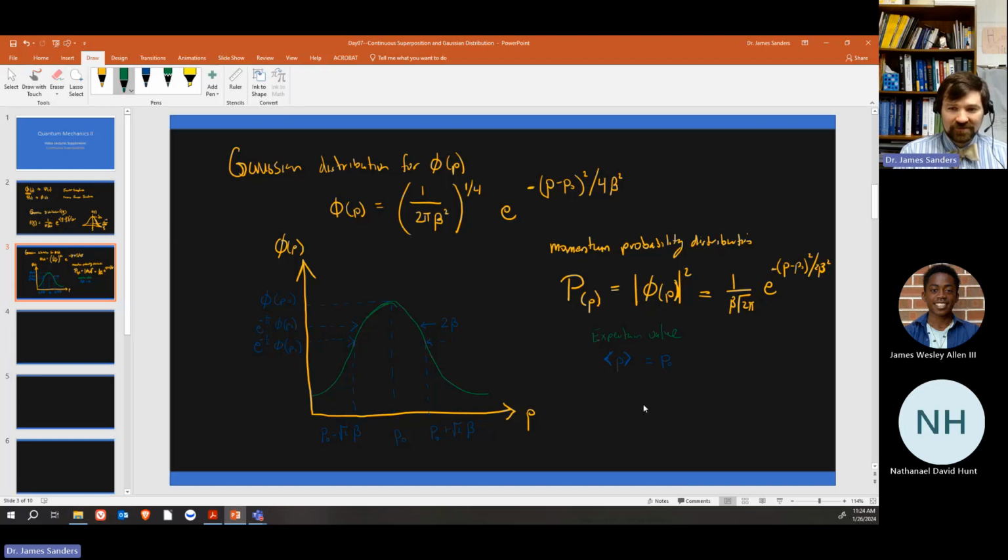Okay, and then uncertainty value for momentum, of course. We did the expectation value of momentum, now we need the uncertainty of momentum. And so that would be delta P. And again, that equals beta.